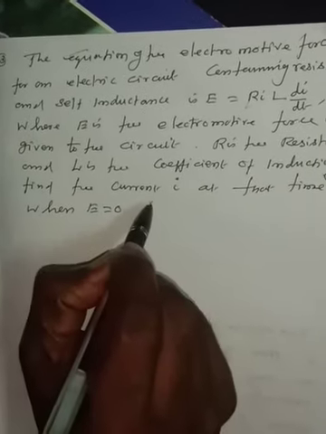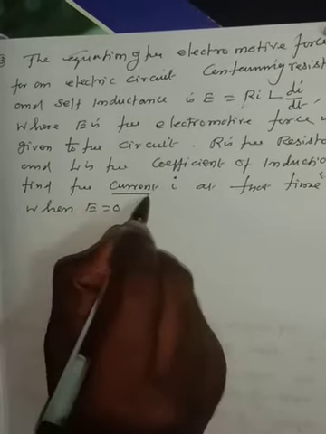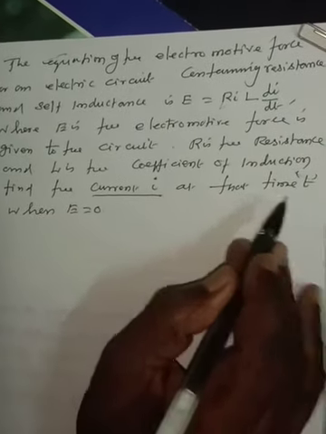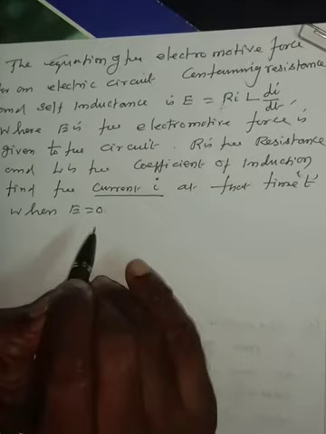Find the current I at that time t where E is equal to 0.